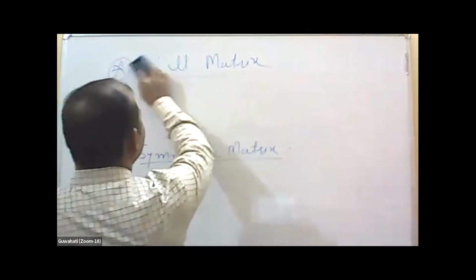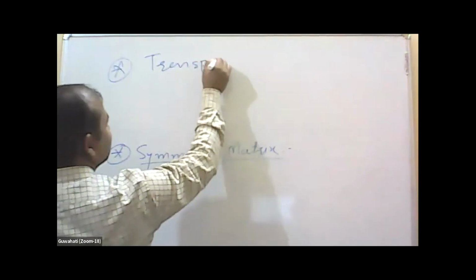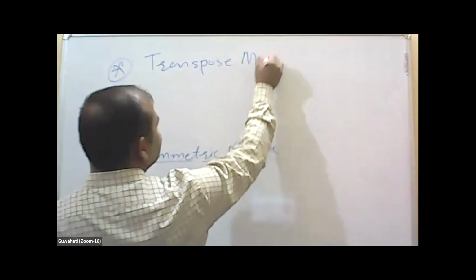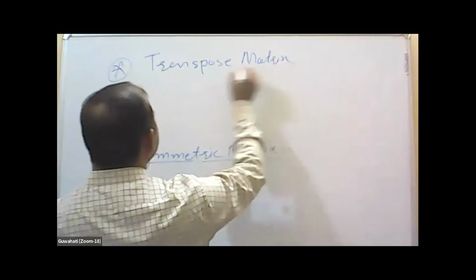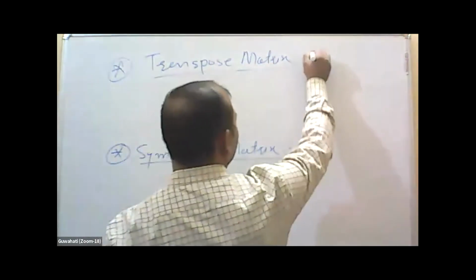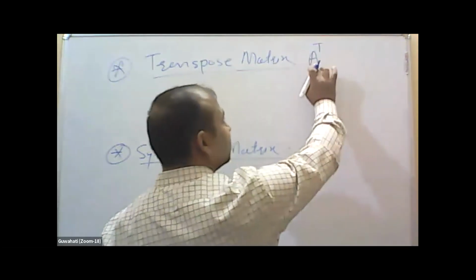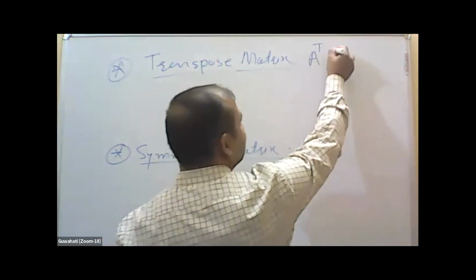Can you tell me what a transpose matrix is? Generally, we denote the notation of this matrix like A with T on top of A. Sometimes we say A dash.